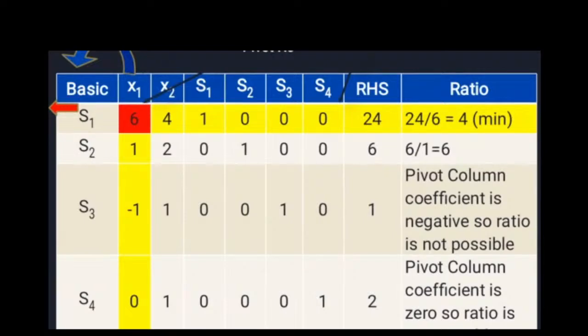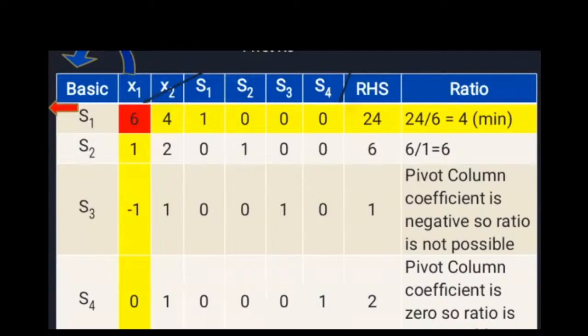Then next we have to find the pivot number. The intersection point of pivot row and pivot column, the point where both of the lines intersect, the number at that point would be the pivot number. And we move to step 6.